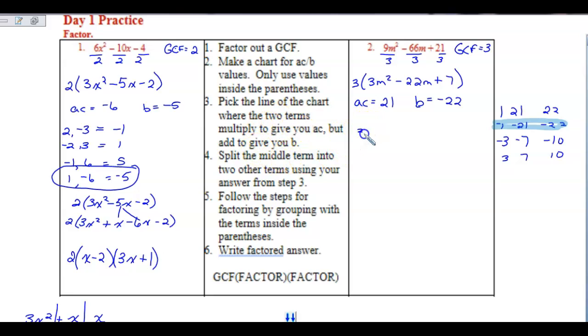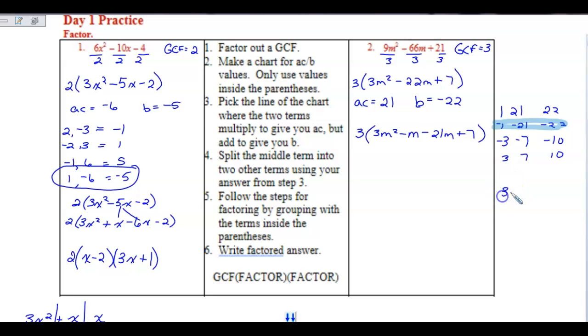So I have 3 times 3m squared. My negative 22 is made up of negative 1m, or negative m, and negative 21m. And bring down my 7. Now we're ready to make these 4 terms down to 2 binomials.